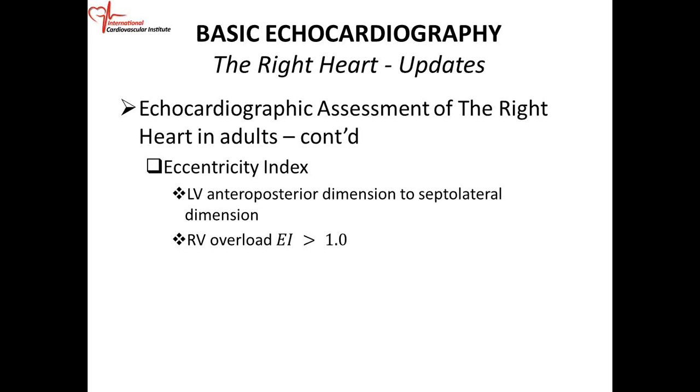The increased volume in the right ventricle is going to push the septum more towards the lateral side, decreasing that septal to lateral dimension. So that ratio is going to be more than 1. So with RV volume overload, you get the D shape in diastole. With RV pressure overload, you get that D shape in the LV in systole.